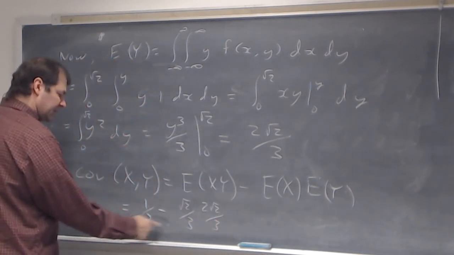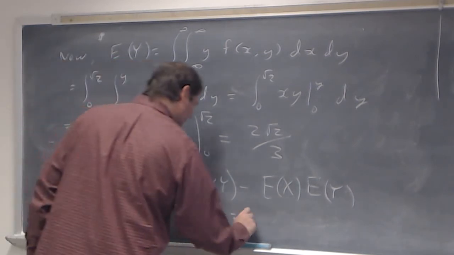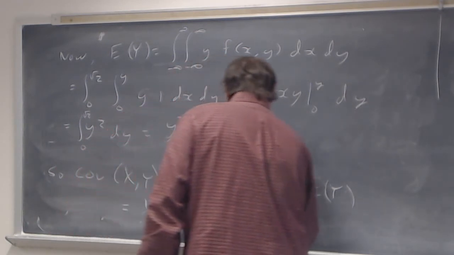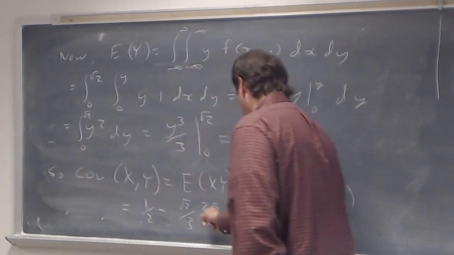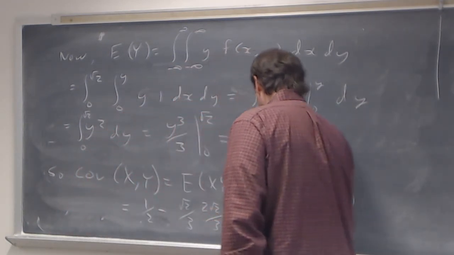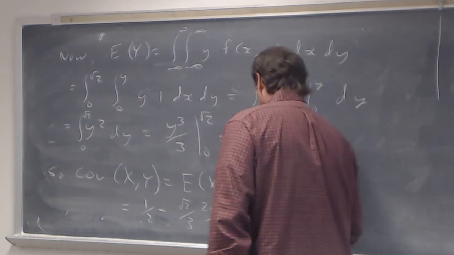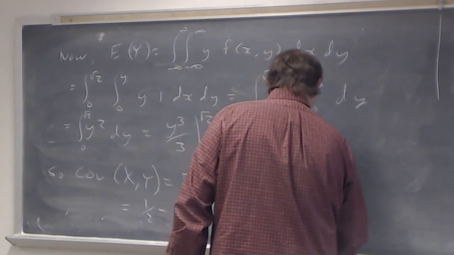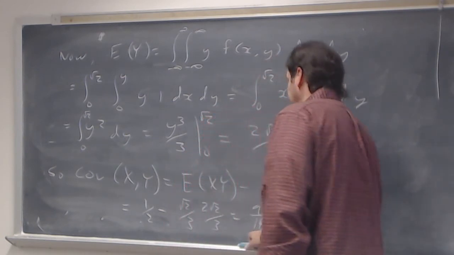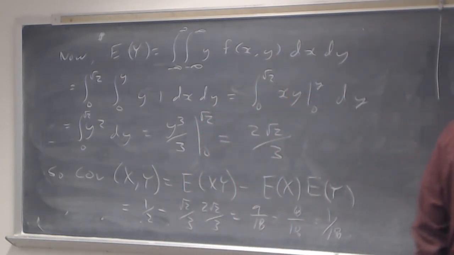That's 9 in the denominator, and with 2, the common denominator is 18. This is 9 over 18 minus, multiplying the top by 2, 4 times 2, that's 8. So we end up getting 1 over 18 as the covariance between x and y in this example.